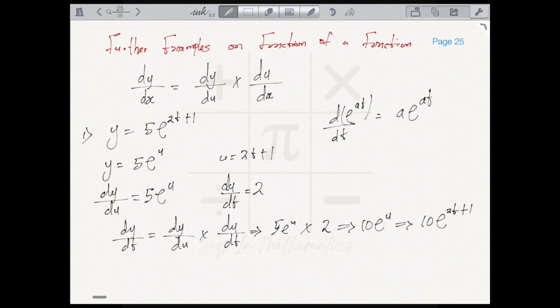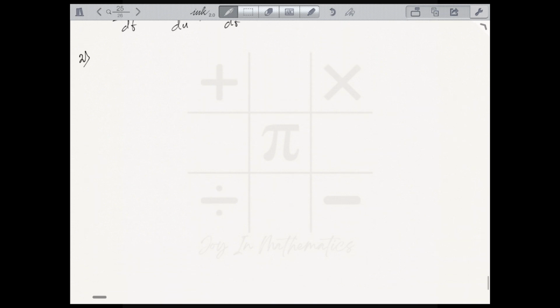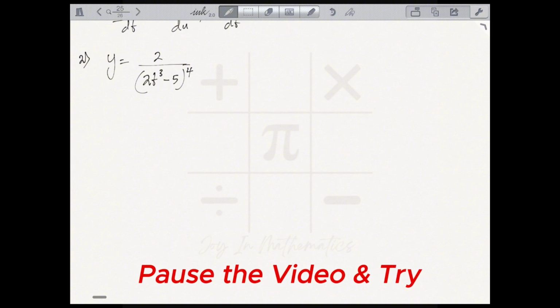Let's take another example. Example 2. Given y is equal to 2 divided by (2t cubed minus 5) raised to power 4. And you can pause the video and give this a try. Alright.